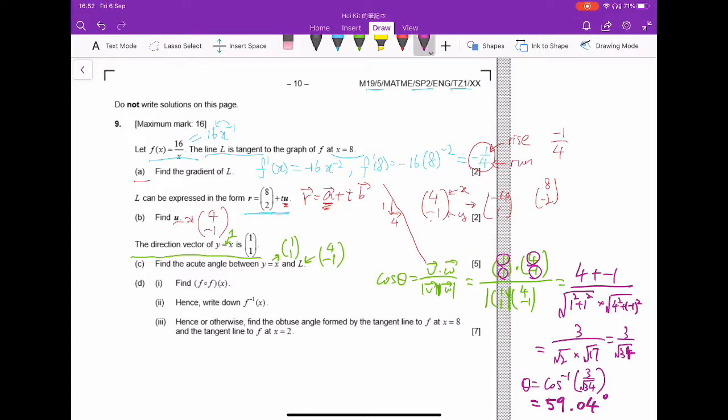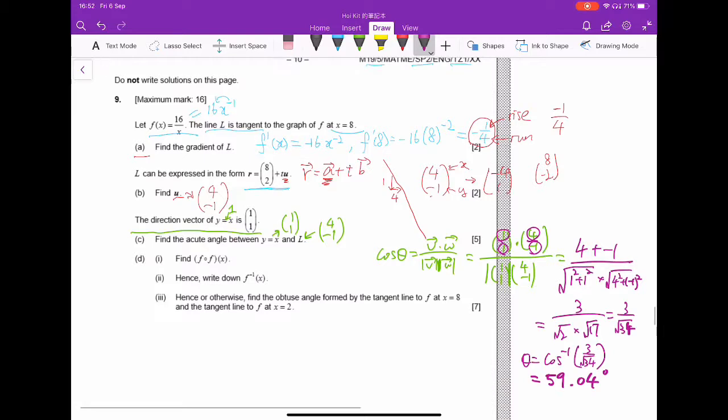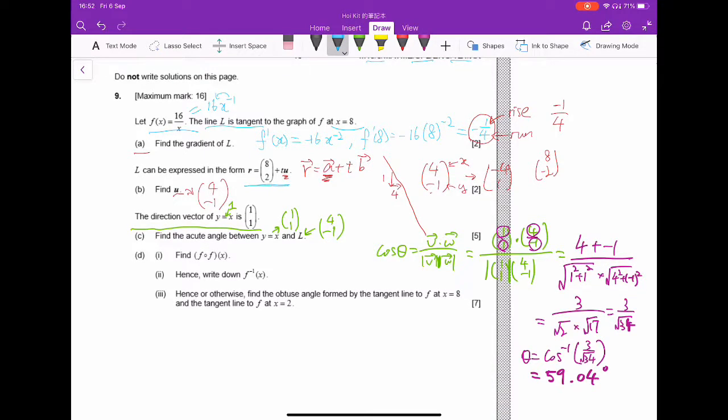Next, we have f circle f of x. Obviously, that's a composite function. You want to put f inside f itself. So f itself is 16 over x. 16 over, this is where x is, and you put f inside there. So it's again 16 over x.